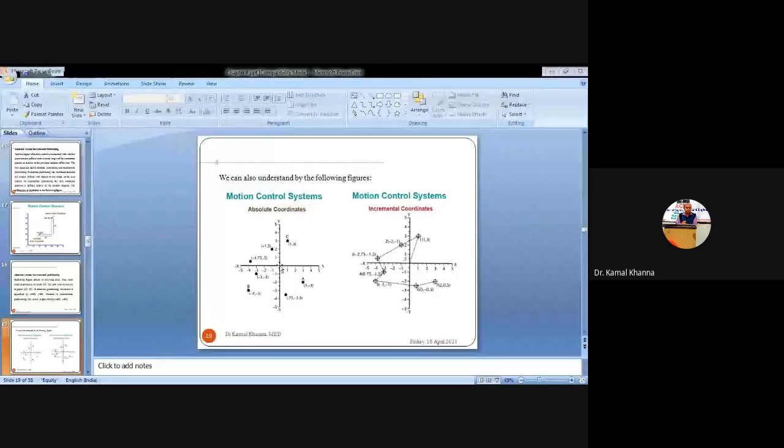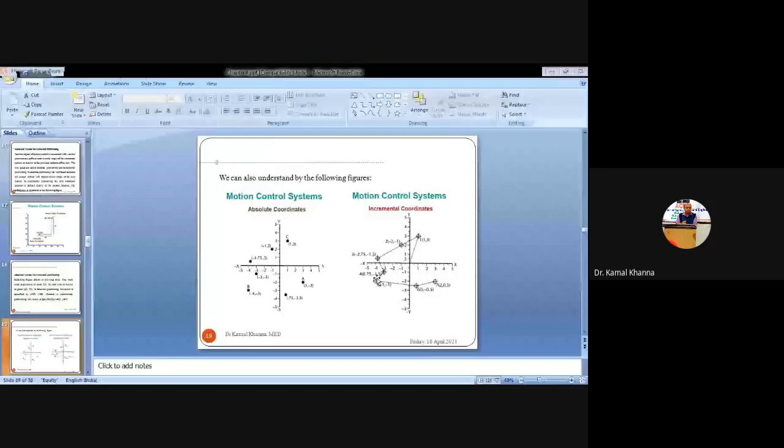For the incremental coordinate system, let us say the tool has to move through points A, B, C, D, E, F, G, so it has to perform the operation at 7 points. All these points have a floating coordinate system or floating origin. Whenever we define the position of the tool here, we consider this as the origin.